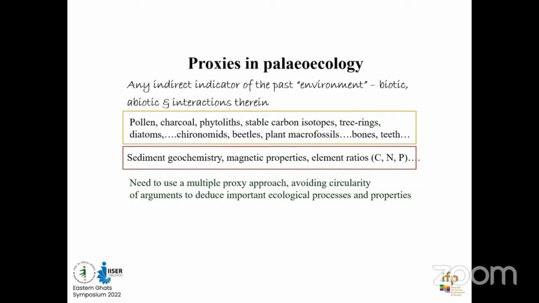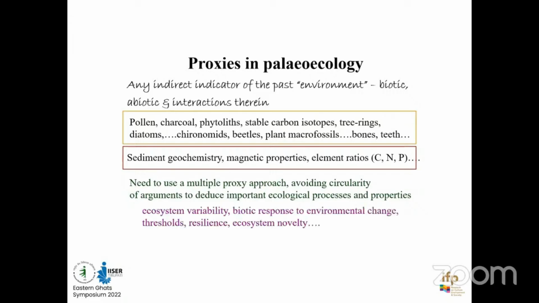You can do a reconstruction with pollen, but it would also be good to look at the organic matter variation and the stable carbon isotopes, and see how the stable carbon isotope variation matches with the pollen, because that would give us a better understanding. It's a little bit like a hologram. You use one proxy and you get quite a robust reconstruction, but if you want something more finely resolved, then the more proxies, the more robust your reconstruction is going to be.